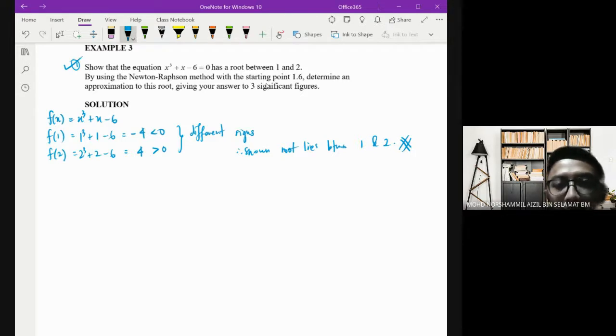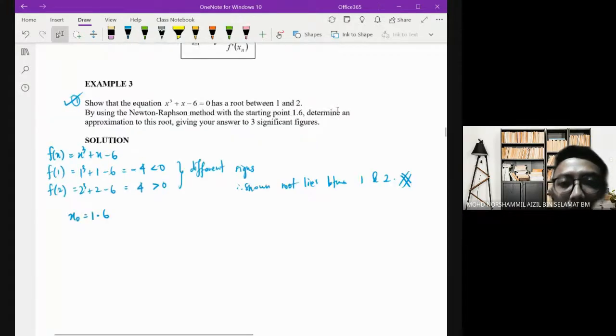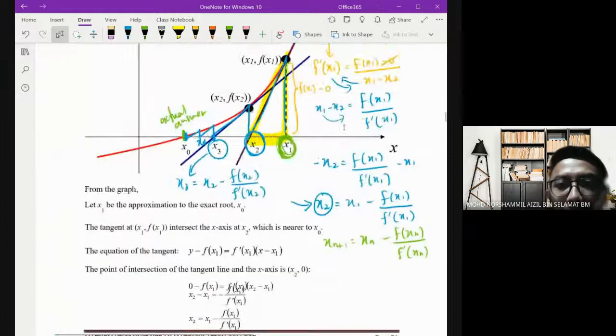By using the Newton-Raphson method with the starting point x = 1.6. It means in this case our x0 is 1.6. x0 is actually our starting point.